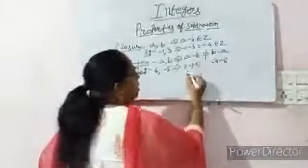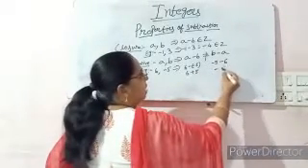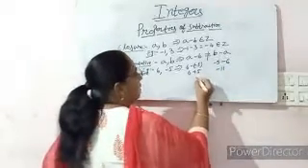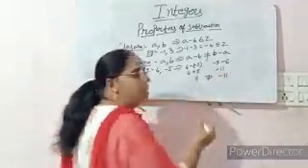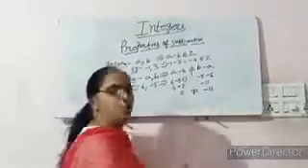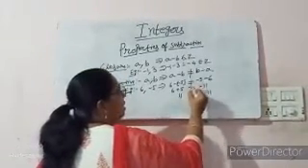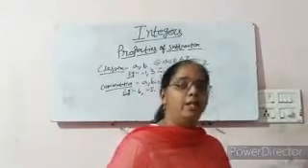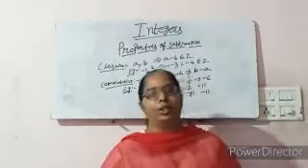So here this is 6 plus 5, and here -5 minus 6 is -11. 6 plus 5 is 11. 11 is not equal to -11. So you can say that a minus b is not equal to b minus a. So in subtraction, the commutative property does not hold good.